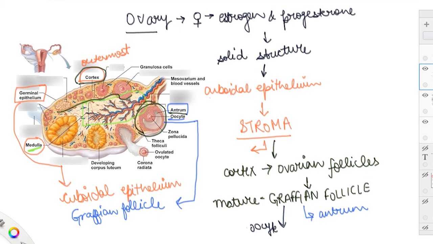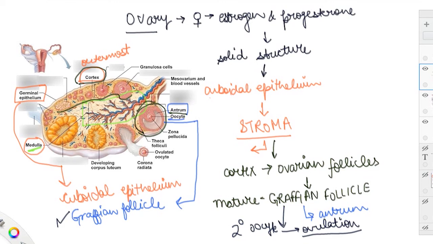In fact, the release of the secondary oocyte is termed ovulation. After ovulation, we will discuss how it leads to certain changes. But you must note down that ovulation is the release of the secondary oocyte from this Graafian follicle.